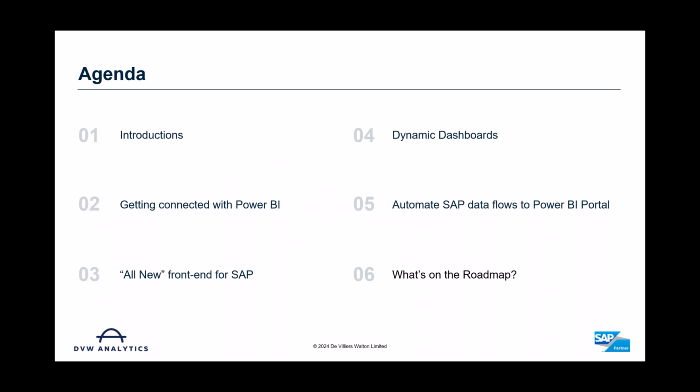So the agenda today, broken down, as you can see, into 6 sections, a few introductions and housekeeping, but then on to the crux of the webinar, taking you from the basics of getting connected to Power BI and how we can help you bring your SAP data seamlessly into your Power BI solutions, looking at how we control data from within Power BI, making sure we get exactly the data we need from SAP, how we build dashboards, and how we automate that by using the Power BI portal and our tools that service that server area, if you like.